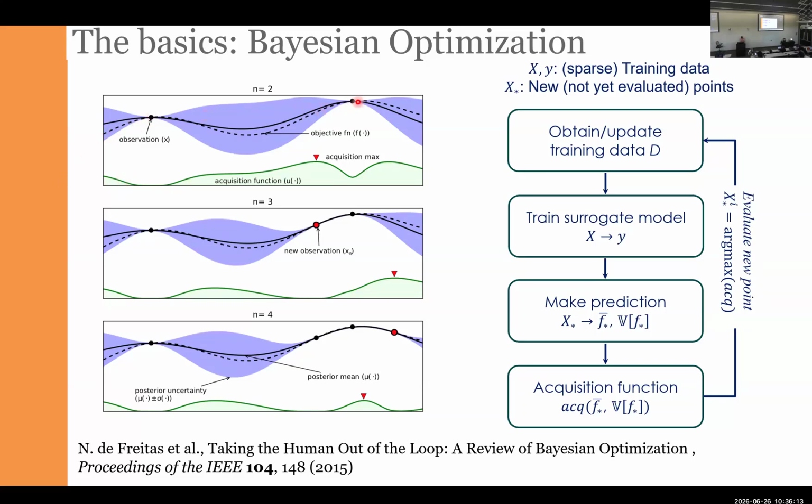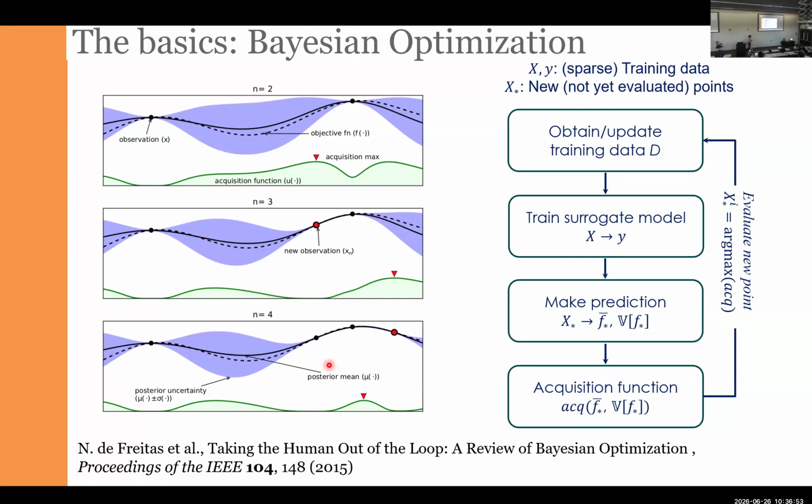So then you do measurements in two locations here. You calculate the predictive mean and uncertainty, you combine them in the acquisition function, you find the maximum of the acquisition function, you take the measurement at the argmax, you recalculate your surrogate model, you calculate the mean and uncertainty, you recalculate the acquisition function, then you take the measurement at the maximum of the acquisition function, and then you repeat this process ad infinitum, or as long as you have budget.